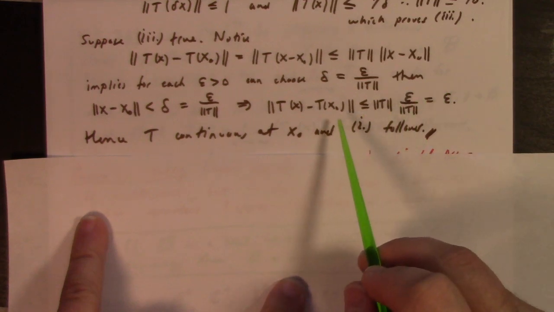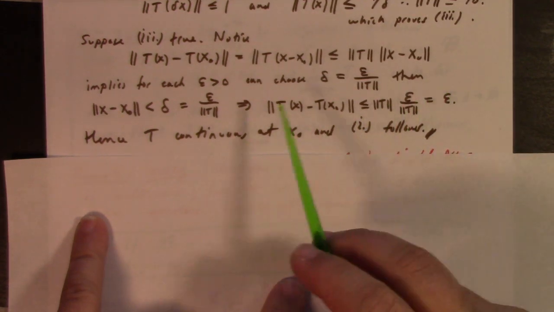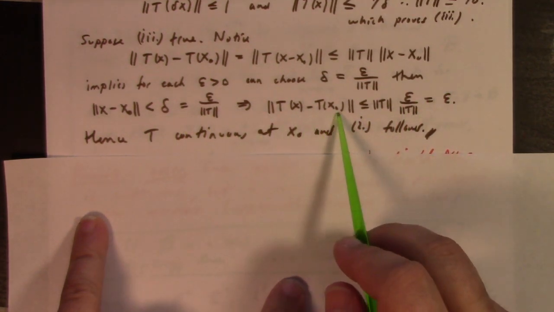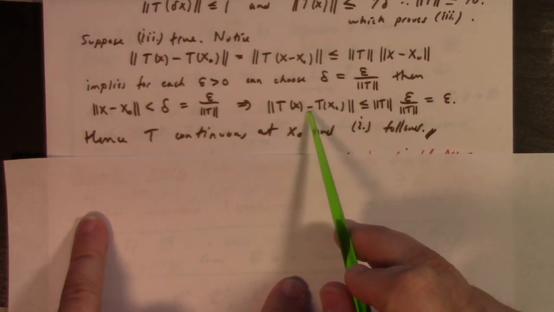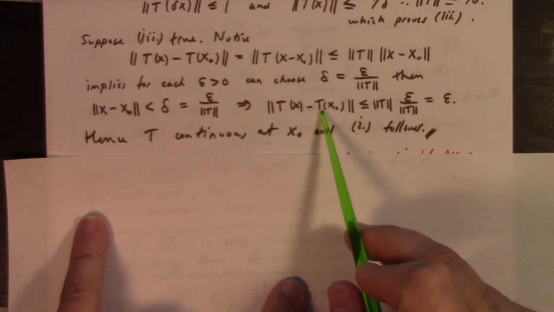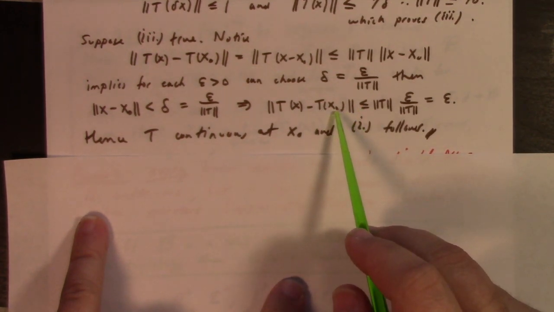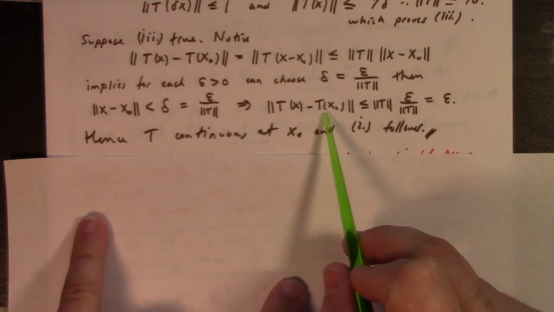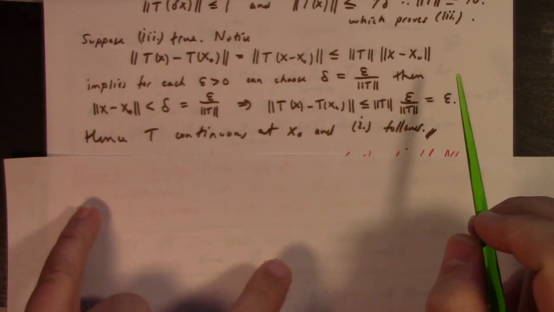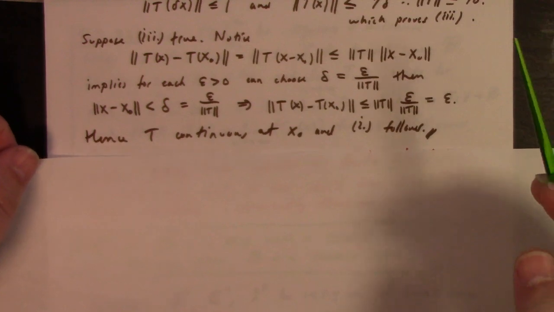There you have it. For any epsilon greater than 0, there exists a delta such that the distance from T of x to T of x naught is less than epsilon, which is to say that the limit as x goes to x naught of T of x is equal to T of x naught. I hope I said that right. Anyway, what I'm trying to say is that T is continuous at x naught, and that is what we need. Since x naught is arbitrary, that proves 1.